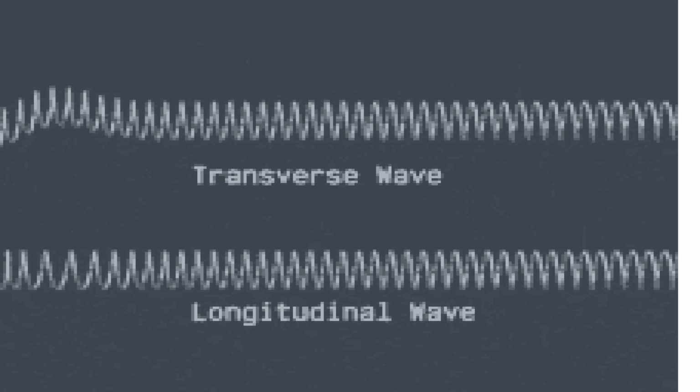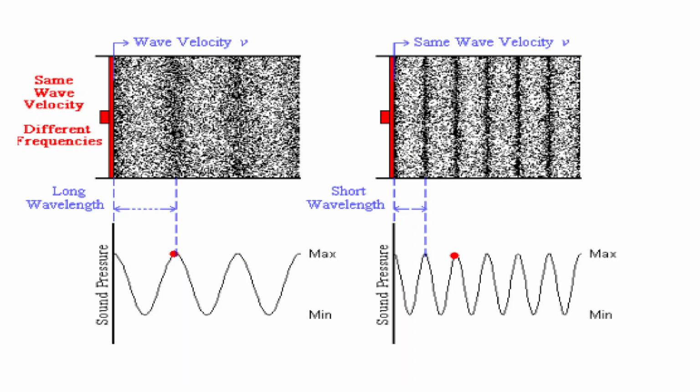Now we can compare the direction of motion of the wave and the direction of the particle movement, both in the longitudinal wave and the transverse wave. In the longitudinal wave, the direction of the particle movement and the direction of energy transfer are parallel, whereas in the transverse wave, the direction of the particle movement and the direction of energy transfer are perpendicular.